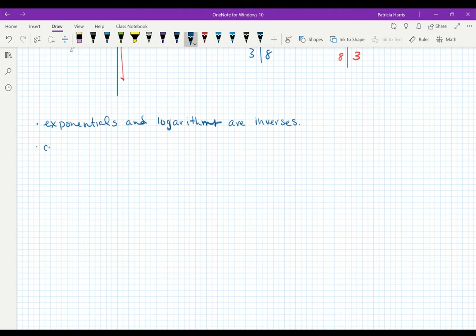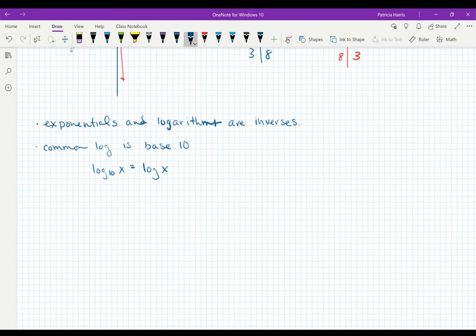The common log is base 10. Okay, so sometimes we see that as this, but sometimes we also see it without the 10 written, so be aware of that. Okay?